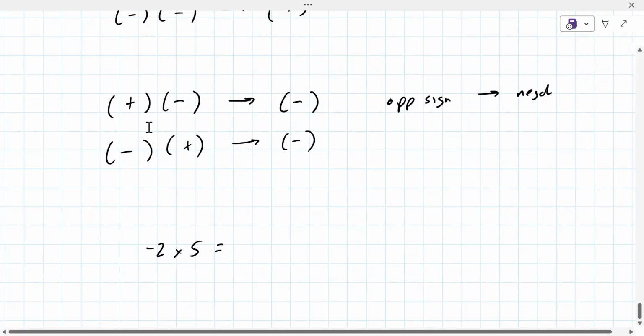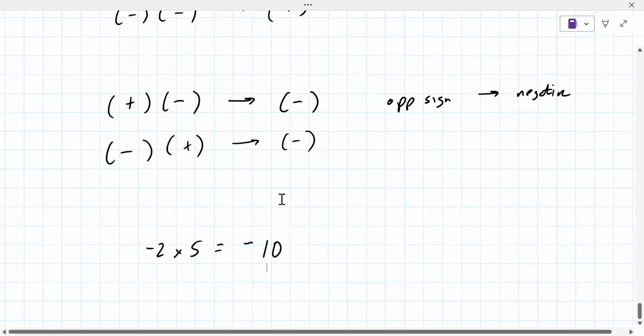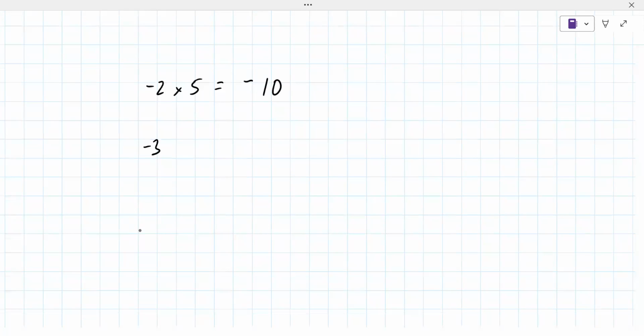They're opposite sign. So when they're opposite sign, it becomes negative. So negative what? What is 2 times 5? 2 times 5 is 10. So -10. Okay. How about -3 times -4?